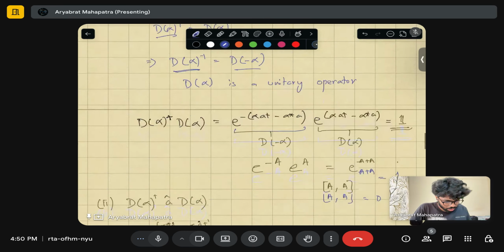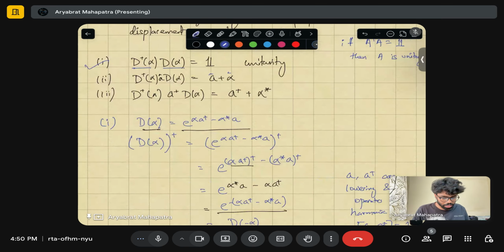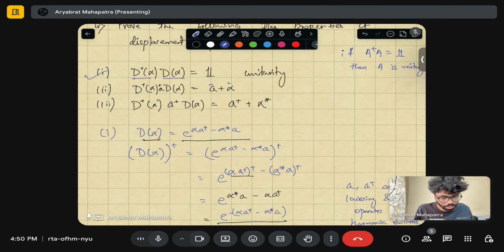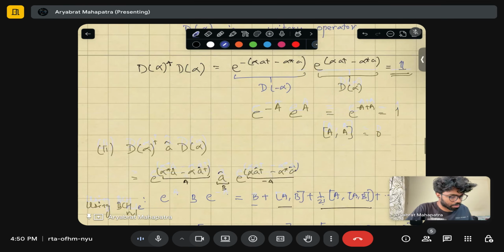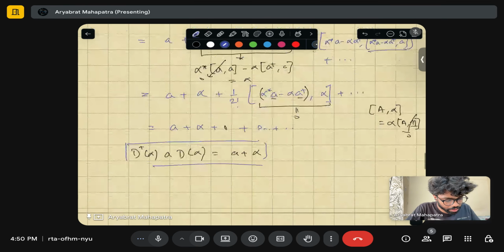And in the same way you can try the other case, the third case, which will work similarly. Or maybe I can show you quickly right here.